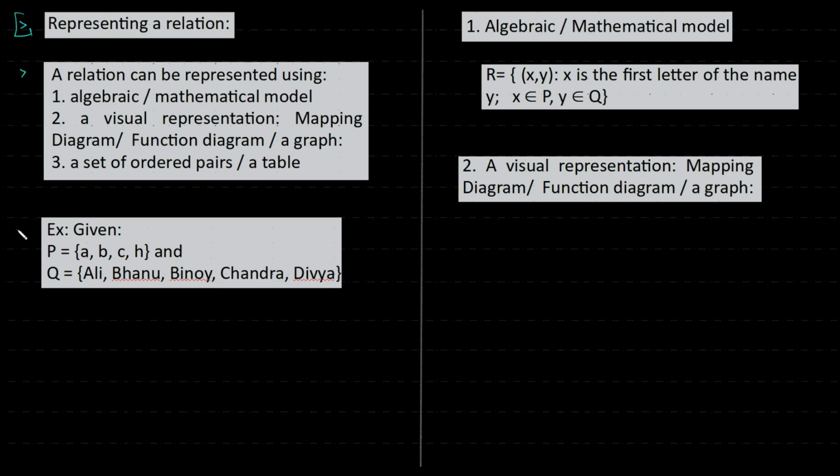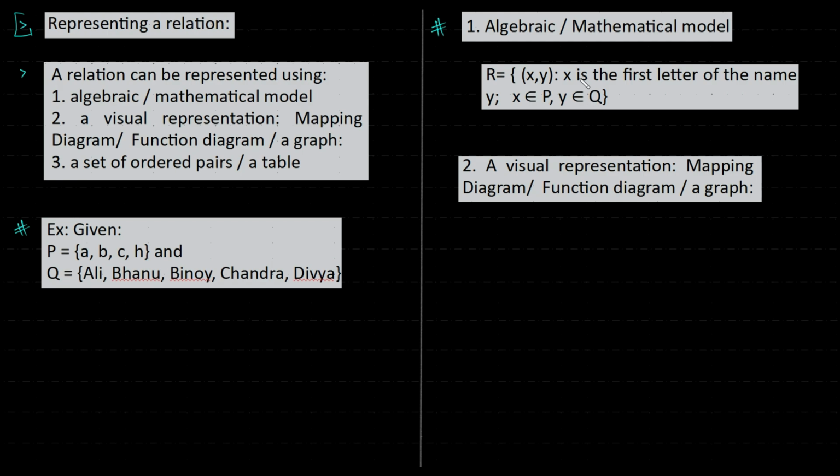Okay, so we're going to take up an example. So again, we have the same thing, right? So the relationship between P and Q can be established with an algebraic or mathematical model. So this is one of the possible algebraic or mathematical models. So this is to do with alphabets and all of that.